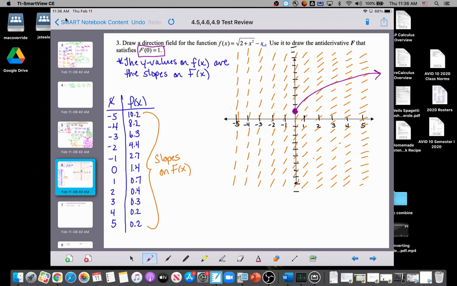So it's going to look something like that and something like that. And that's it. We have just used our direction field to draw the antiderivative F that satisfies the function f of x with the initial condition capital F of 0 equals 1. So this would be capital F of x, our approximate graph.